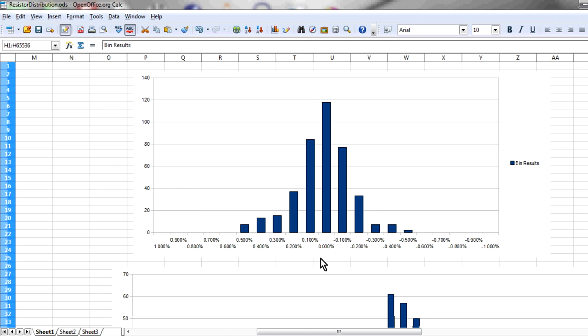It's centered on 0, around about 0, but the big surprise, of course, is that it only extends to plus minus 0.5%.